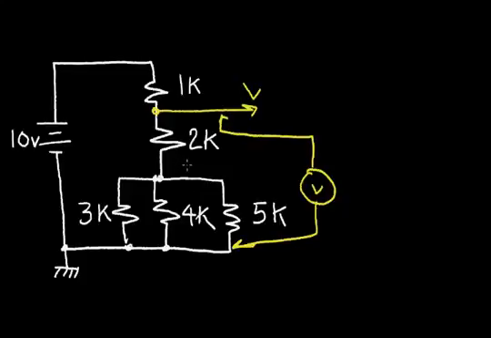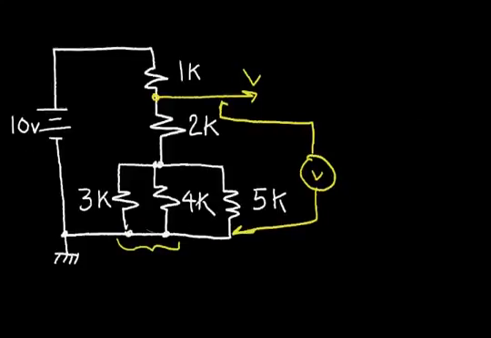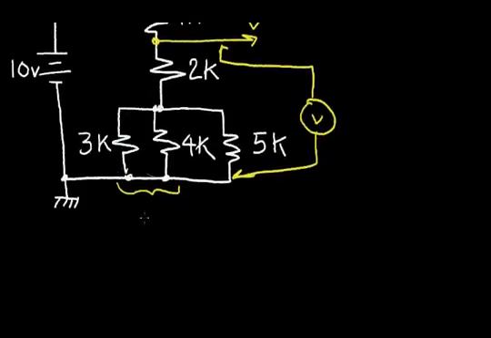Okay, again, I assume you've given it a shot, and let's see if we get the same answer. So first, let's start at the bottom. I want to replace these parallel resistors with an equivalent resistor. So I'm going to start with the two resistors, 3K and 4K, and I want to calculate an equivalent resistance.